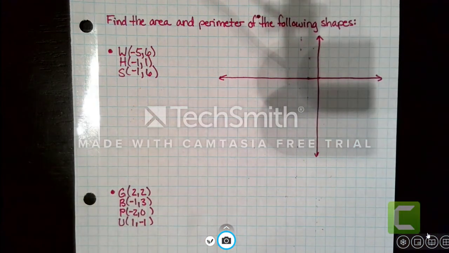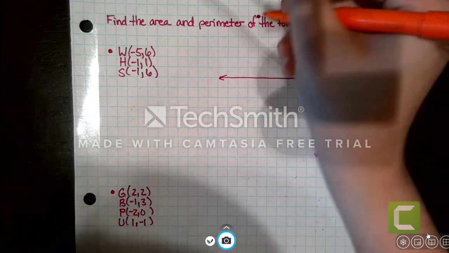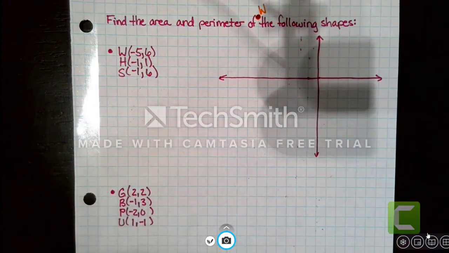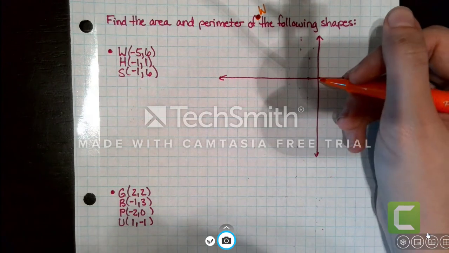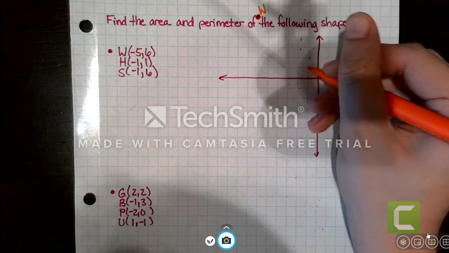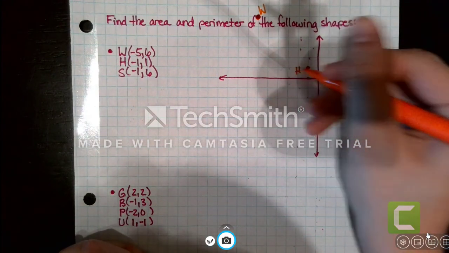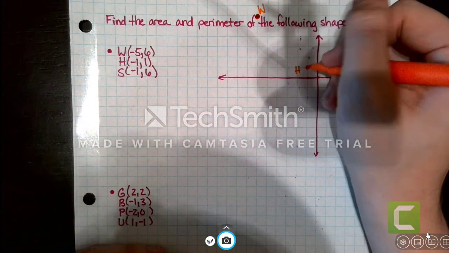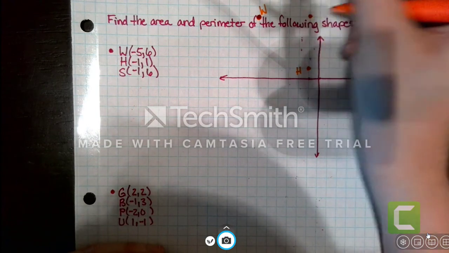We'll do this in a different color. That'll be my W. H is at -1 and +1. And S is at -1, +6. So you actually have a right triangle here.